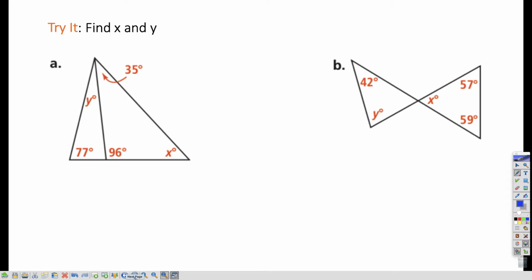So the first one you have on your paper is this A. Again, I have three triangles. Everyone see the three triangles? So I have triangle 1 on the left, triangle 2 on the right, and the whole thing. So you do 35 plus 96. But you gotta go from 180.